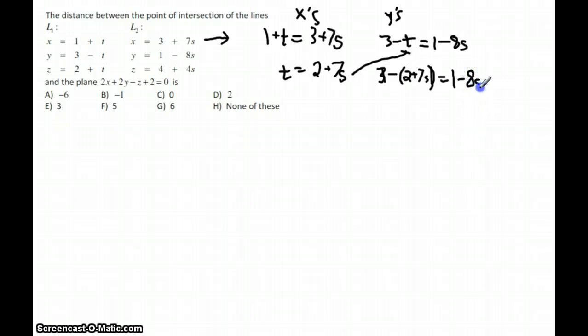What does that mean about s? Well, this will give us exactly what s is if the x and y are to be the same. It says that 1 minus 7s is 1 minus 8s.